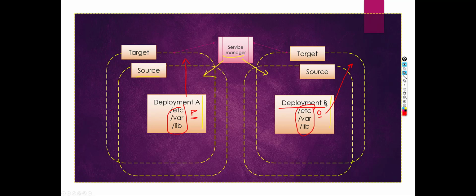But in the older versions, both deployment A and deployment B will be having the same set of directories. So if we delete these directories in the older versions, then both the deployments get failed. Both product and order deployment gets failed.